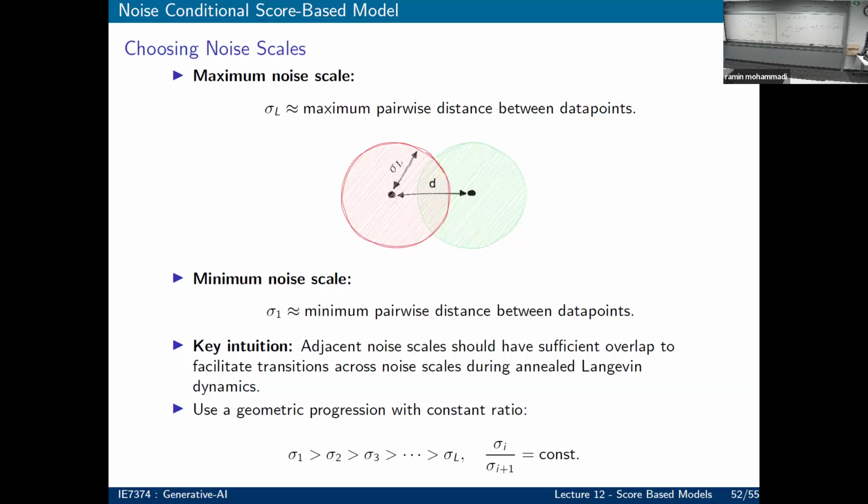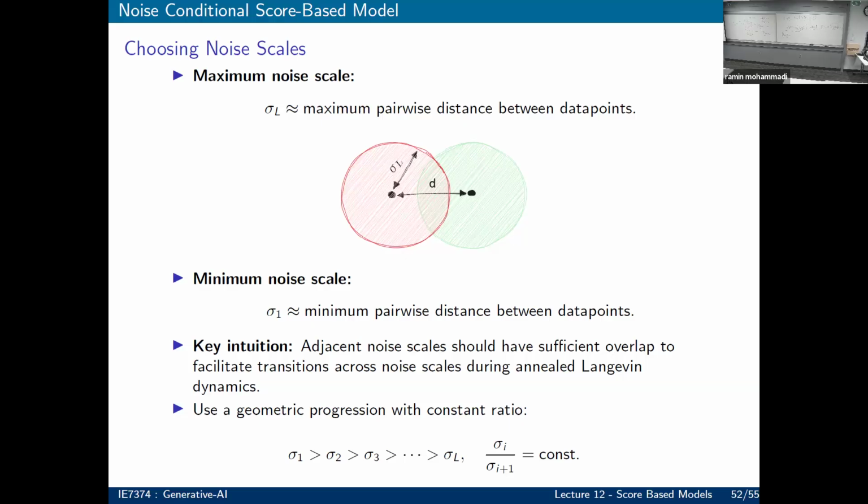When you increase noise, points will overlap on top of each other, because this becomes a larger region for this noise and also for the neighboring point. When you reduce the noise, they become distinct from each other. So the idea here is that you want the noise to be enough that you have overlapping among these points. That's how we can smooth out the distribution.